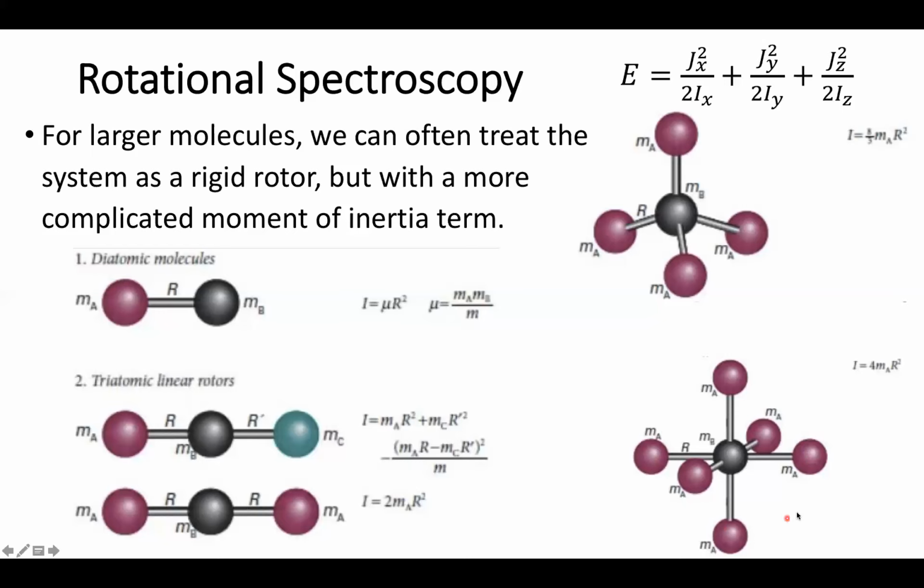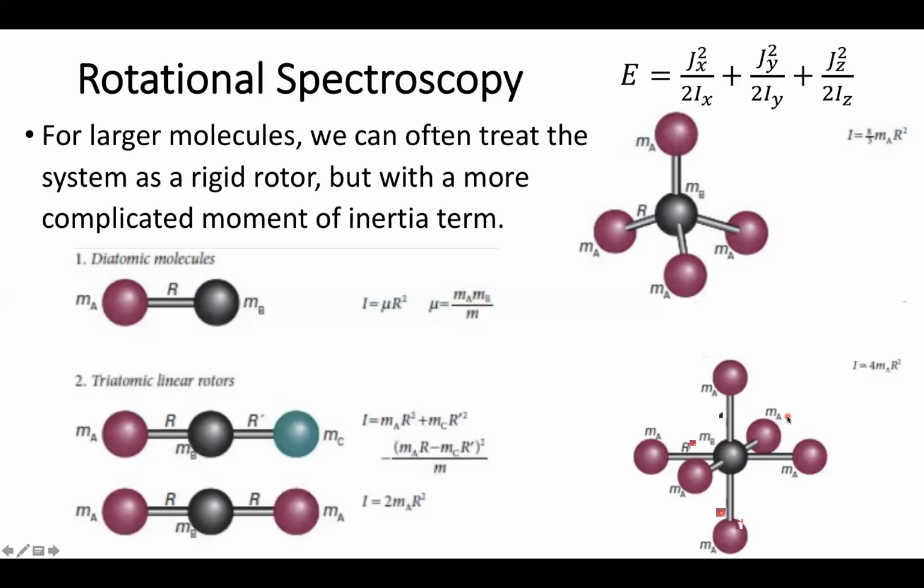One along this set of bonds, one along this set of bonds, and one essentially rotating in the plane. All three of them are equal and will all have an identical moment of inertia. And solving each one is actually quite easy, as I'm going to have four masses on the outside. So I'm just going to add them up where it's the mass of the atom times the square of the distance. So again, a nice, easy case to solve.